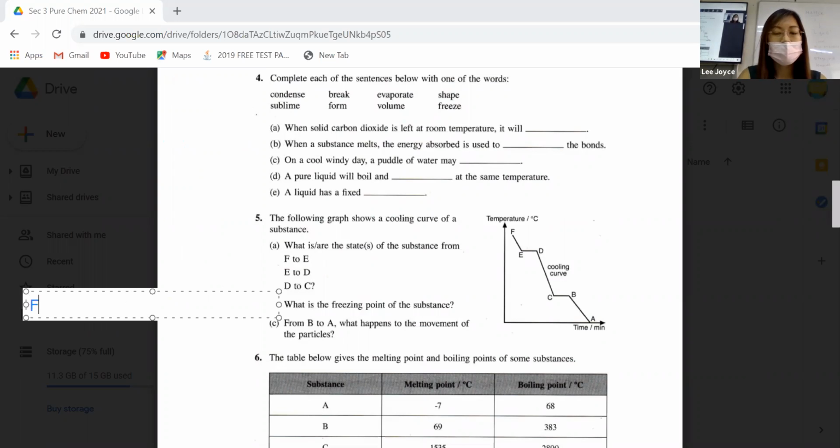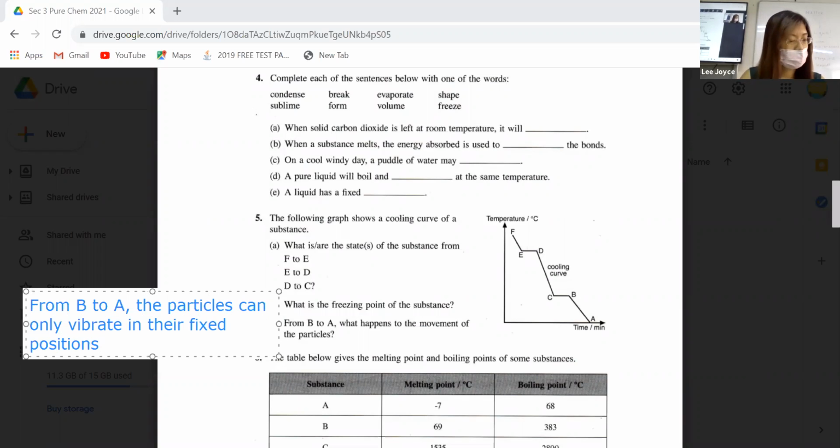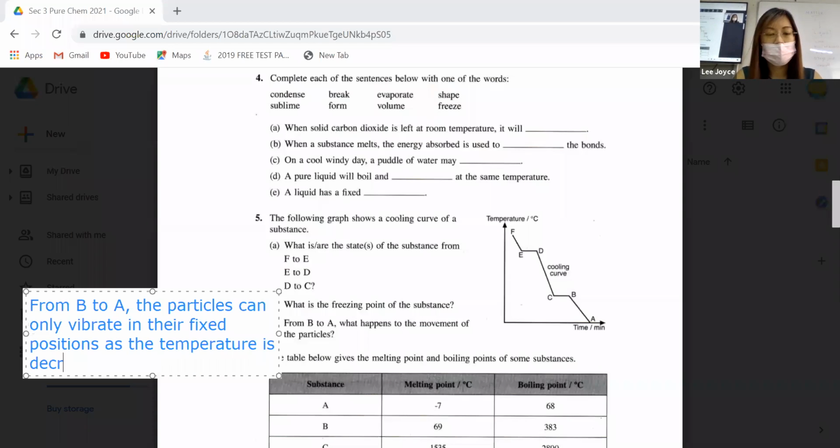So simply says that from B to A, the particles can only vibrate in their fixed positions as the temperature is decreasing.